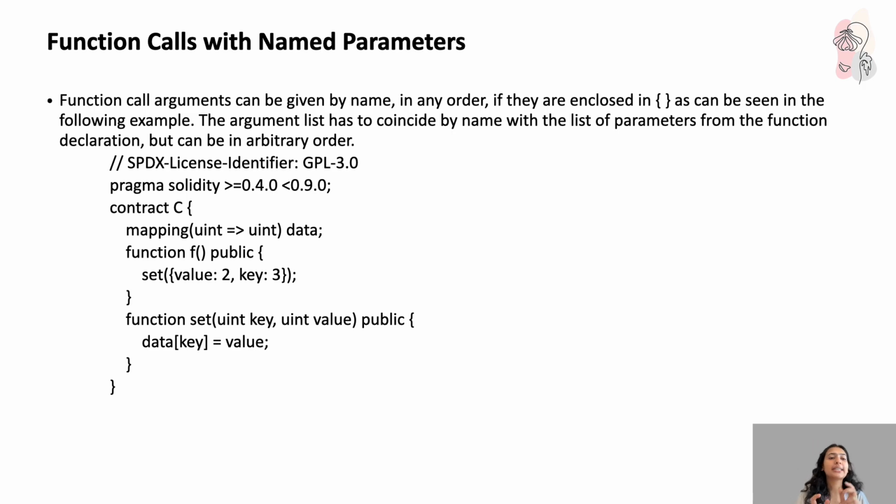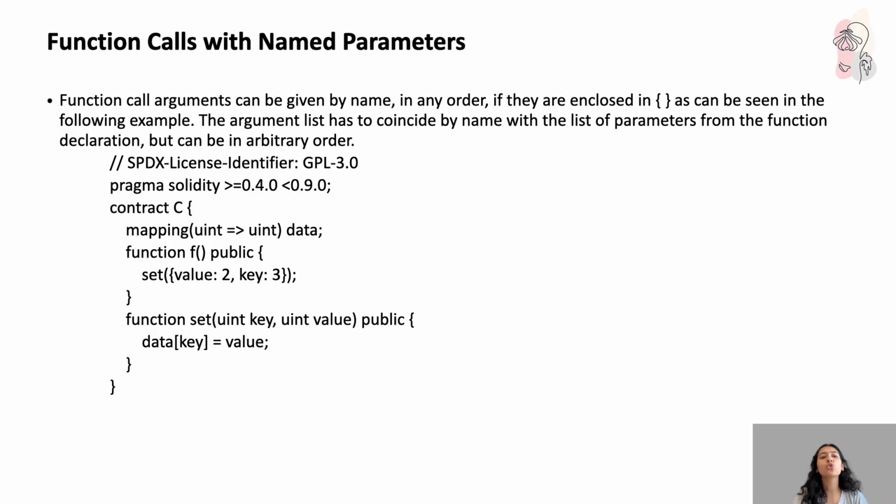So if you don't tell explicitly that value is 2 and key is 3, and you just mention 2 and 3, it is going to take key as 2 and value as 3 because it takes them in order. But if you want to specify in arbitrary order, you need to specify what you're specifying for what. Like in this case, you need to mention value is 2, key is 3.